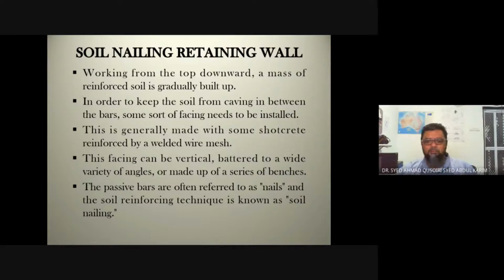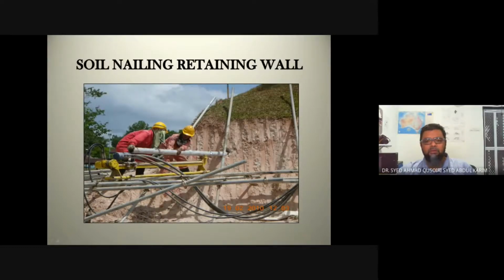So these passive bars are often referred to as nails, and the soil reinforcing technique is known as soil nailing. Nails, sometimes ground anchor, is the same. So you can see here they are already starting to nail the soil to make it a lot stronger.